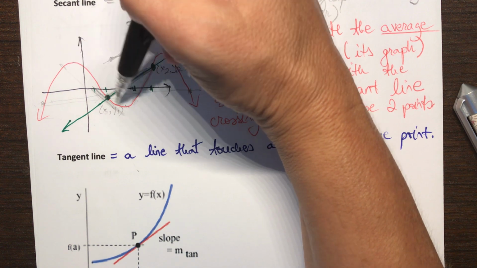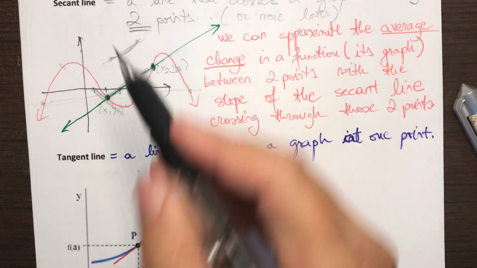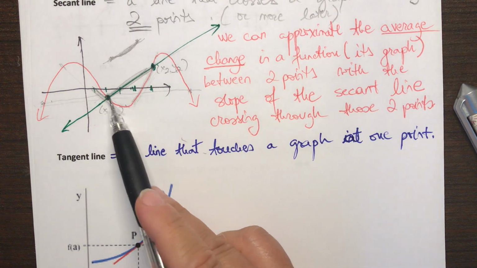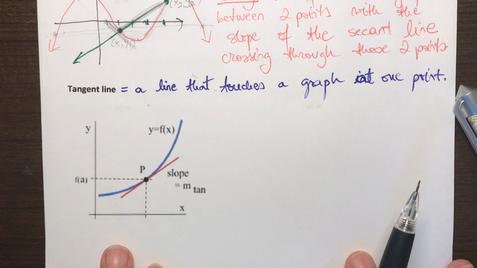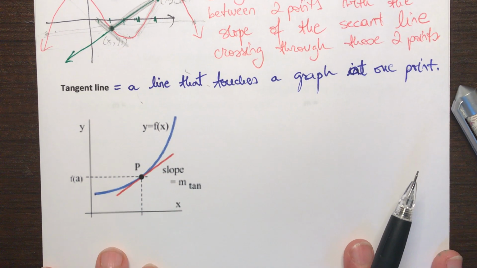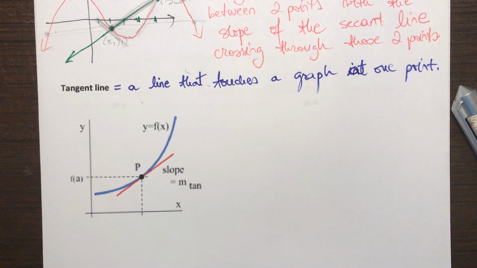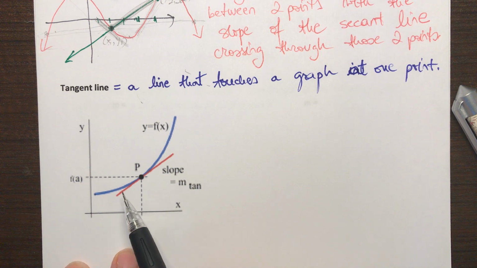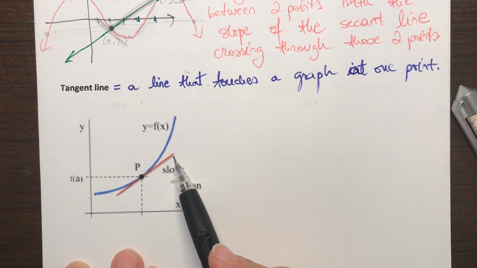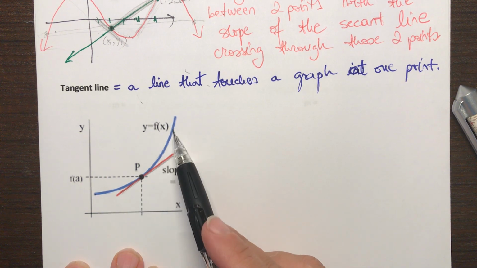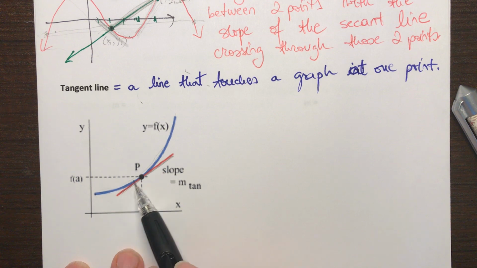Yes, it's going to cross later, but we're again looking at a specific point in time. So here it is. Here's a graph, and here is a tangent line. Okay. Now, what does this line do? This line, one more time, approximates what? The change, the actual change in the graph of this function at this point in time.